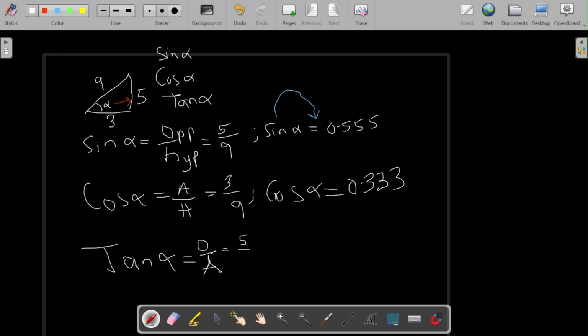Your adjacent, according to this, is 3. So let's do that. 5 divided by 3, that's 1.67. So tan alpha equals 1.67.